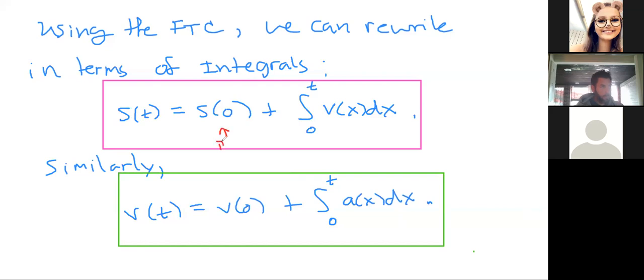So this is your initial position. This is your initial velocity.